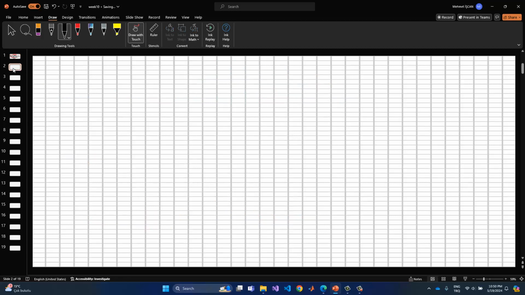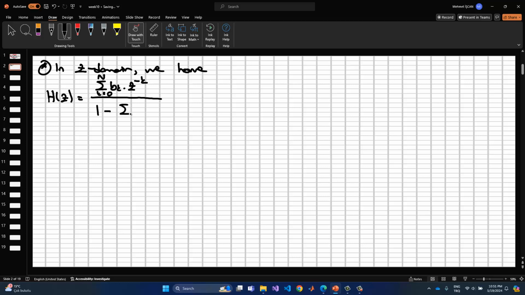so in the Z domain we have the transfer function H(z) equals the sum from k equals 0 to N of b_k times z to the power minus k, over 1 minus the sum from k equals 0 to M of a_k times z to the power minus k.